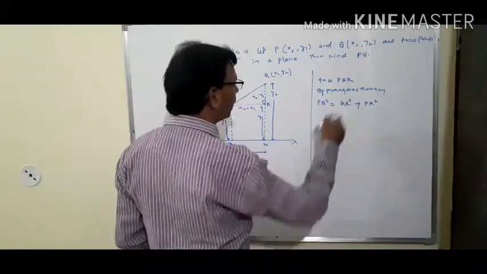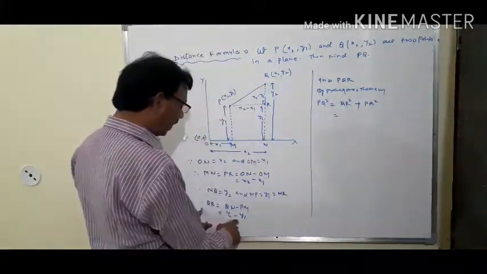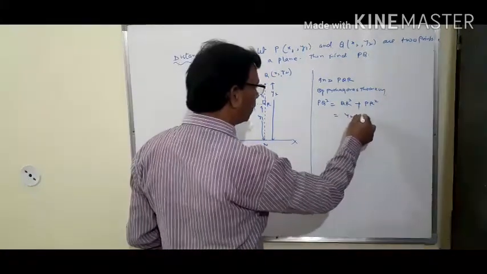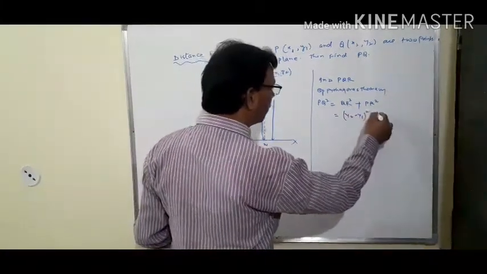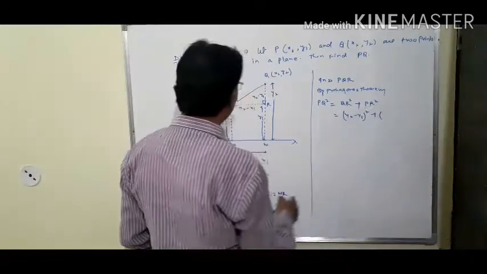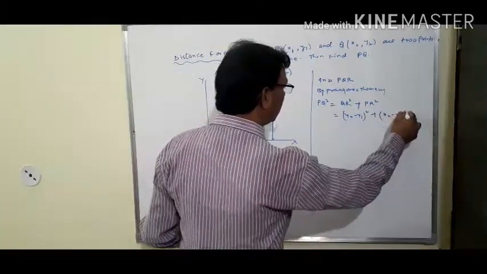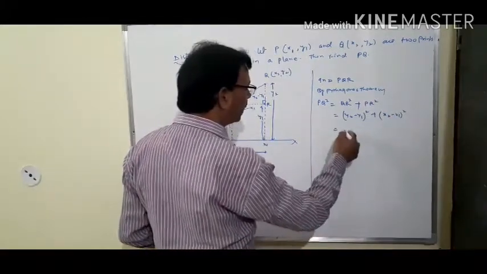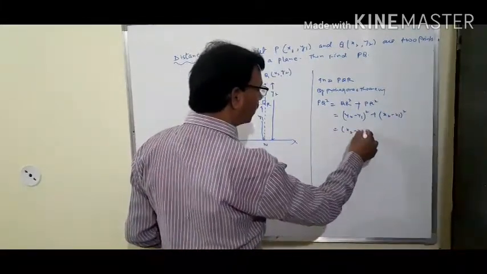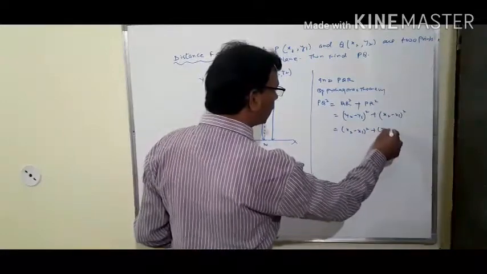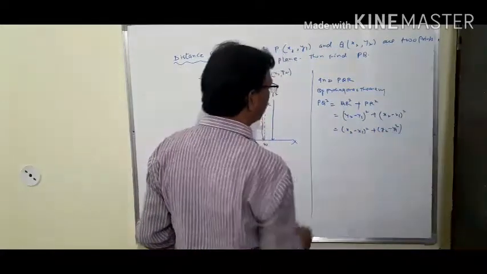Now QR is y2 minus y1, whole square, plus PR, which is x2 minus x1, whole square. Or we can write this as x2 minus x1 whole square plus y2 minus y1 whole square.